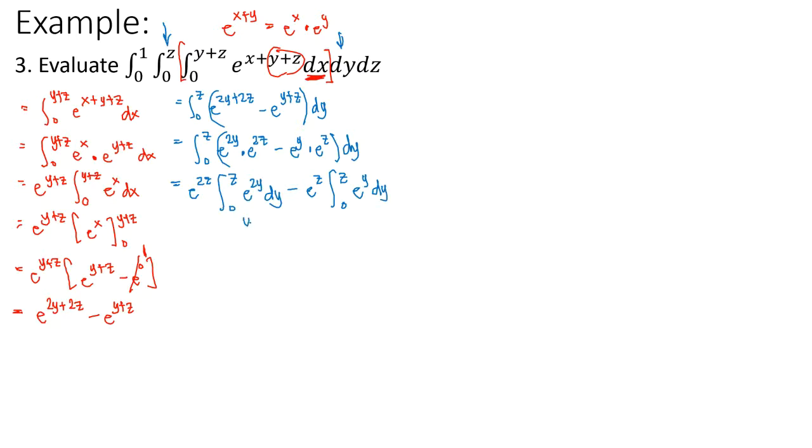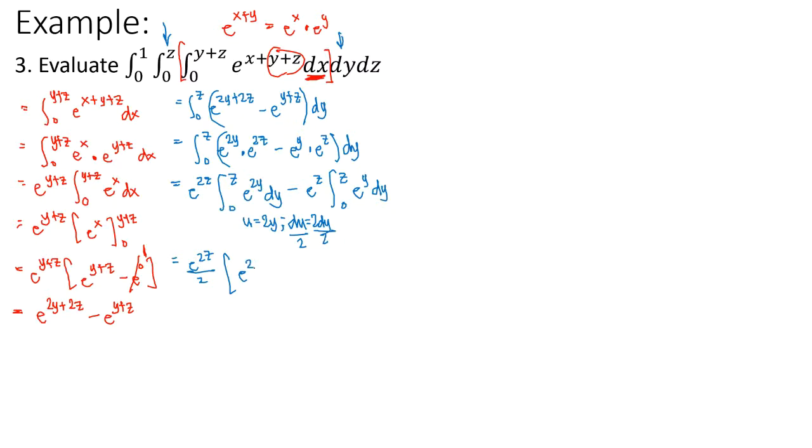So our u here is 2y, meaning our du is 2 dy, so we have to divide by 2. So we have e raised to 2z over 2, and integral of e^u is just e^u.